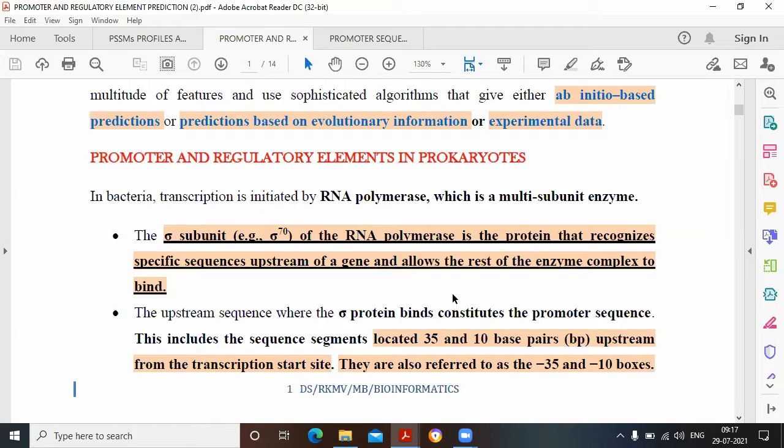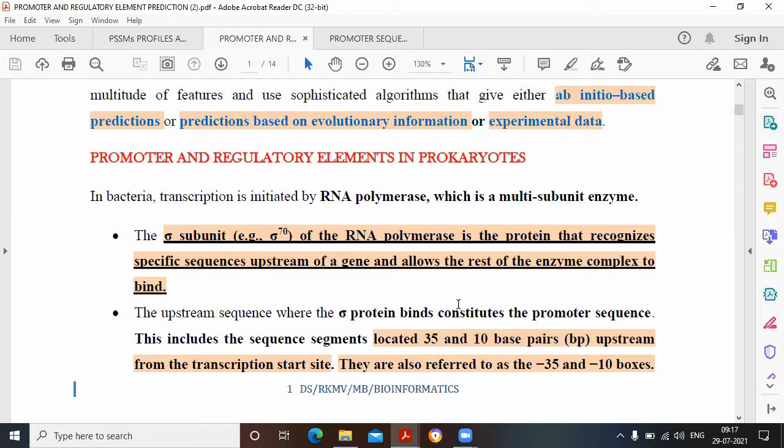RNA polymerase in prokaryotes is a multi-subunit enzyme. Many subunits join together to make the functional polymerase enzyme, and then it is able to perform its correct function. One of the components of this RNA polymerase is sigma, so we can call it the sigma subunit.